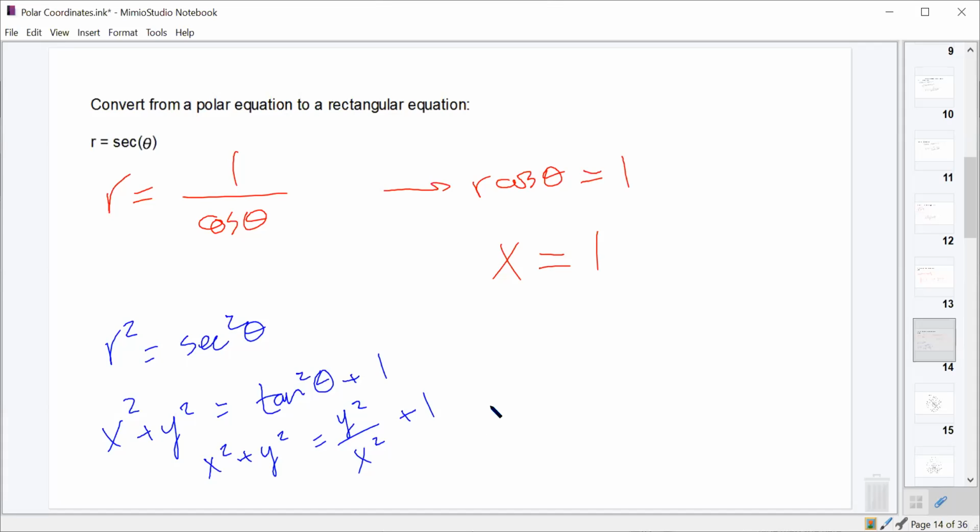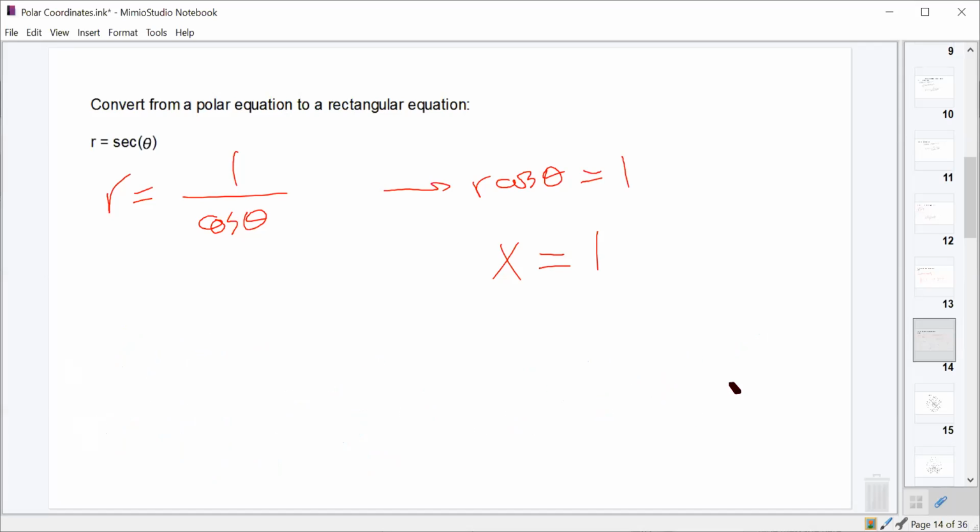In my head, I thought it would. What does that become? x to the 4th plus x squared y squared equals y squared plus x squared. Yeah, that's not going to work out real nicely. Maybe we shouldn't have tried to do that. Do it the easy way.